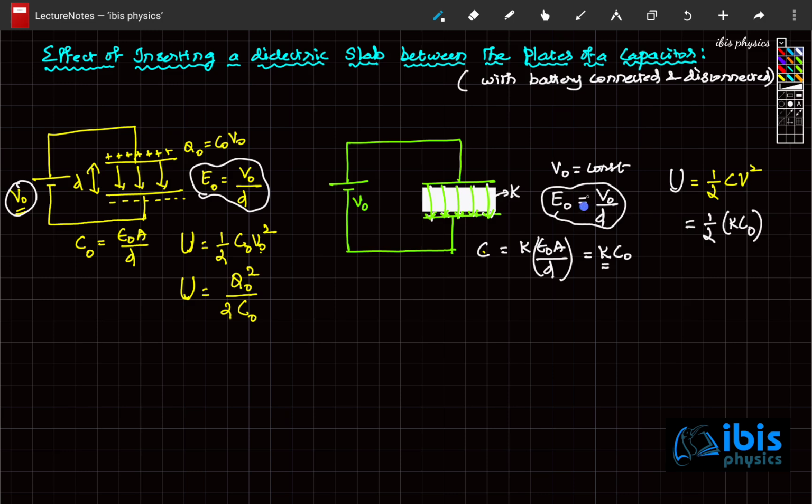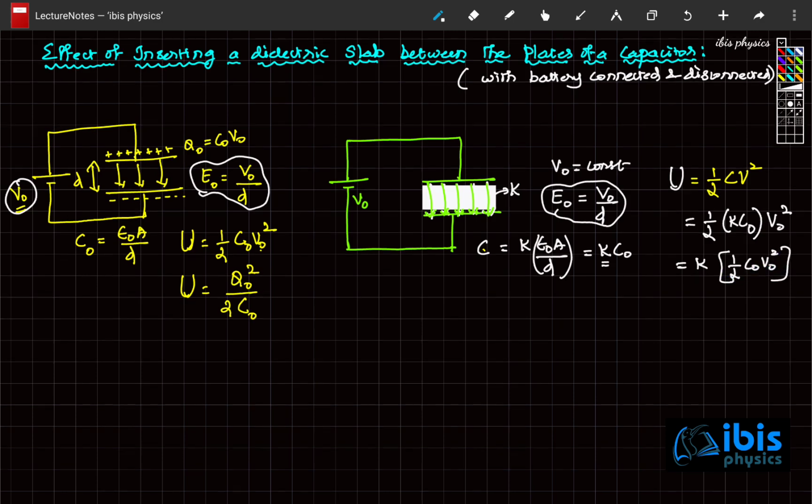So it is K times half C0 V0 square, where half C0 V0 square is the initial energy stored. So if you insert a dielectric slab without disconnecting the battery, energy becomes K times U0, capacitance becomes K times C0, and electric field and voltage remain constant.